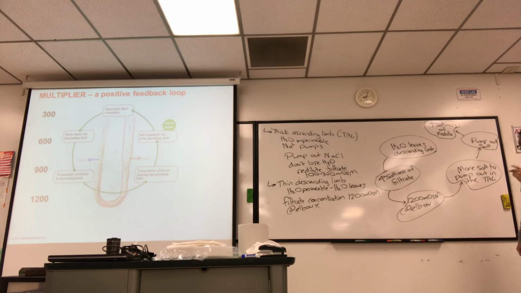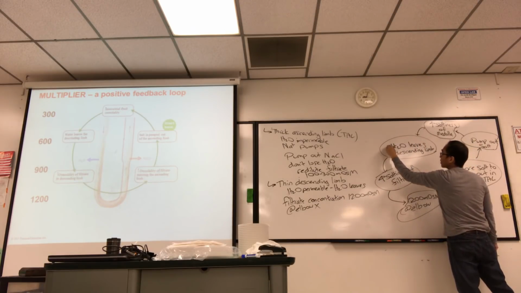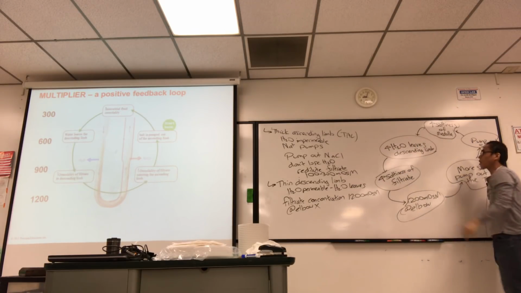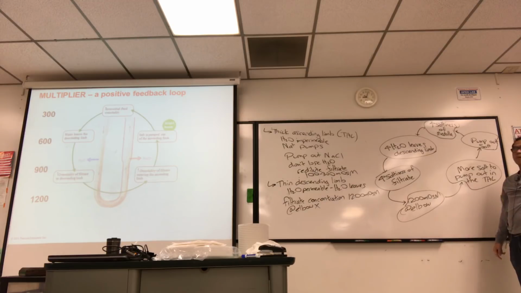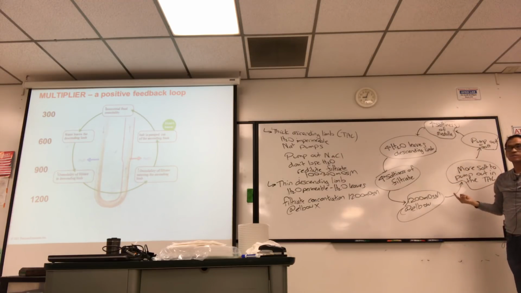Well, if you're increasing the saltiness of the medulla, then more water will leave on the way down, because water will leave towards more salty. And this keeps going, the salt connecting, it keeps going. Okay? You could go around as many times as you want. But that's the positive feedback.